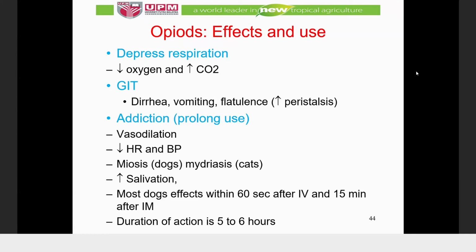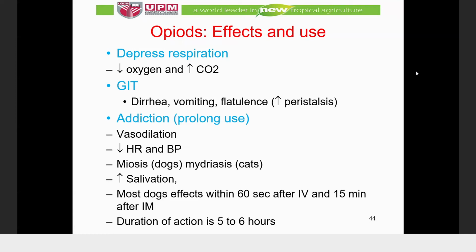For example, if you give morphine, that will cover 5 to 6 hours, sometimes up to 8 hours, but generally you'll find it is 5 to 6 hours. Fentanyl is very short acting, only 30 minutes, and we give it IV. Mepridine or pethidine generally lasts 2 hours, but sometimes can go to 3 to 4, right?